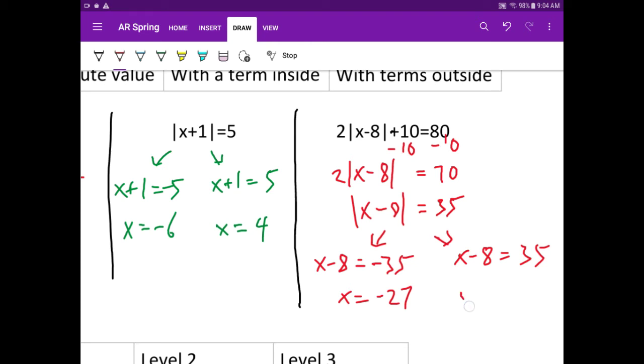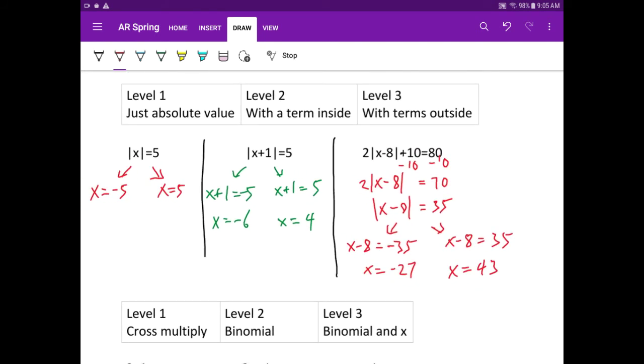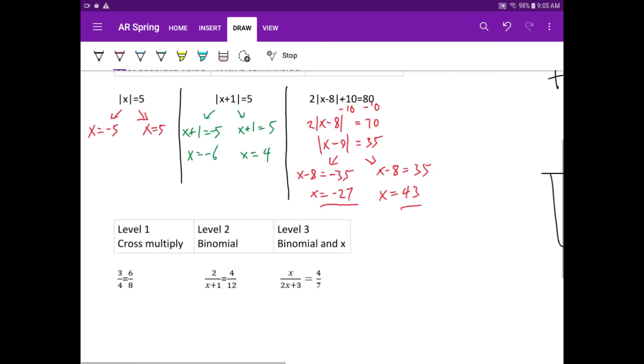And then this one's going to be 35 plus 8 is 43. That's how these work. So for your answer blanks, you'll put negatives, like for this one, you put negative 27 in the first blank and then 43 in the second blank.